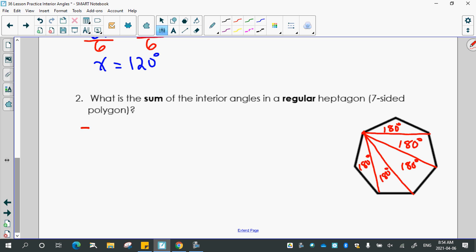So the sum, I can make 5 triangles here. So 5 times 180 degrees. So the sum of the angles is 900 degrees. Make sense?